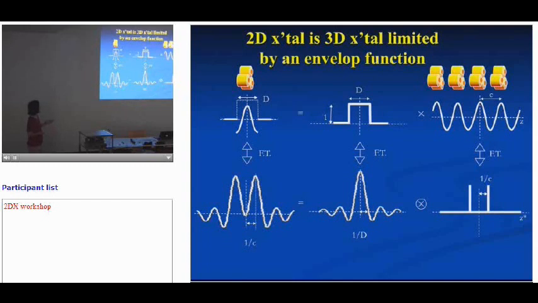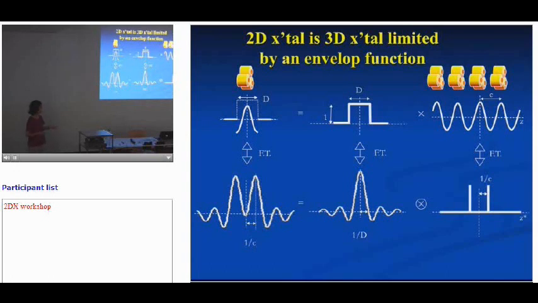The envelope function is Fourier transformed into a function that looks like this. I'll explain it a little more. We know that in real space, we multiply these two together and we end up with our 2D crystal.